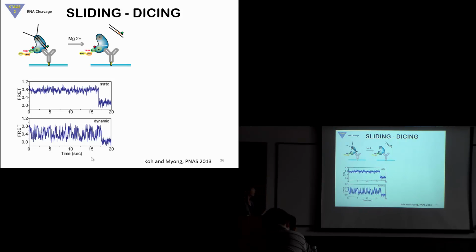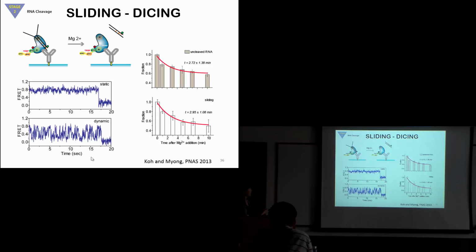And we counted the molecules, static versus dynamic, to see which one gets cleaved faster or slower. And it turned out that only the dynamic molecules were selectively cleaved. So this told us that this sliding actually is facilitating the dicing reaction, the cleavage reaction. And this is the novel part of the study that we came up with.